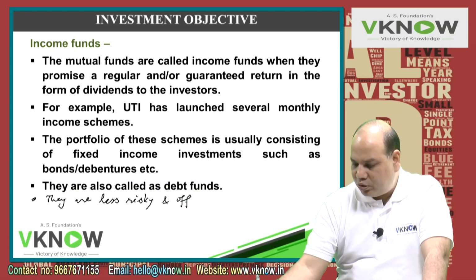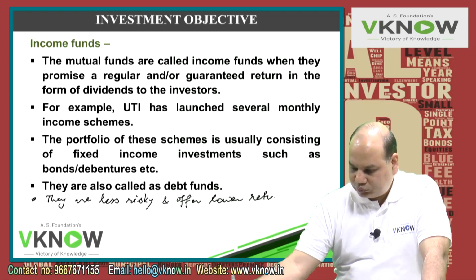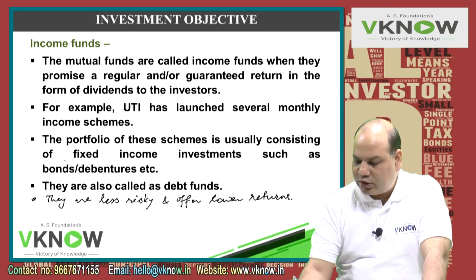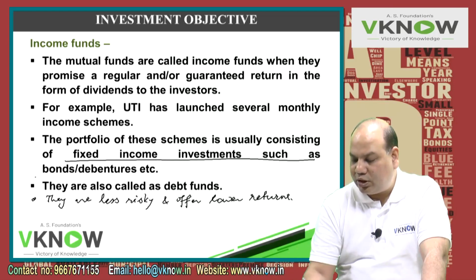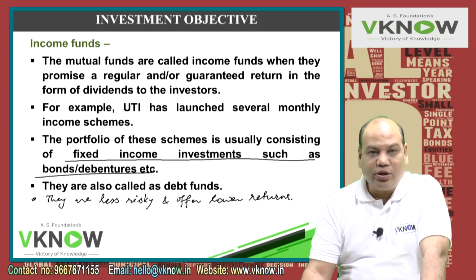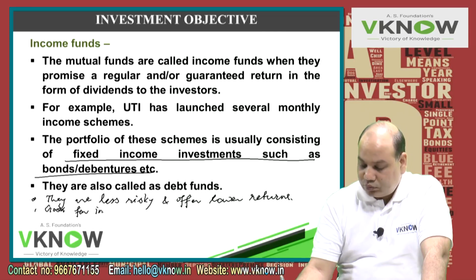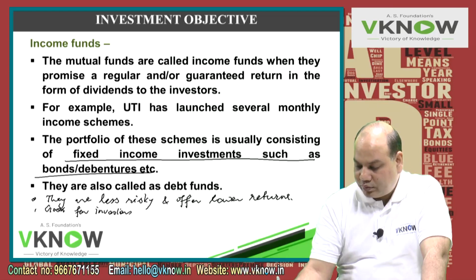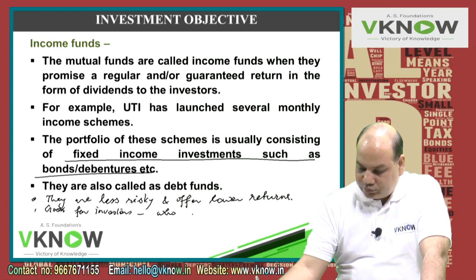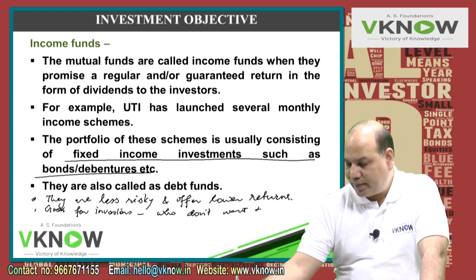And offer lower return because they themselves invest in instrument like bonds and debenture. So if they will earn less, they will pay less return to the investor. So good for which type of investor? Good for investors who don't want to take risk.